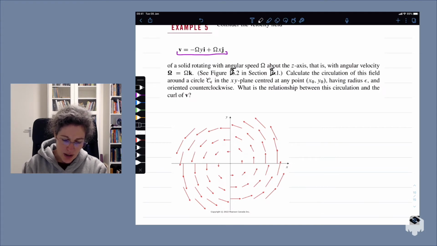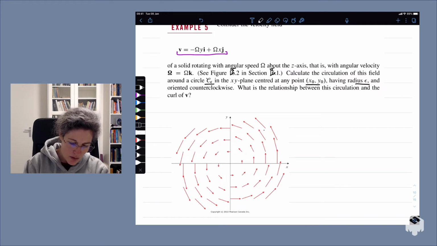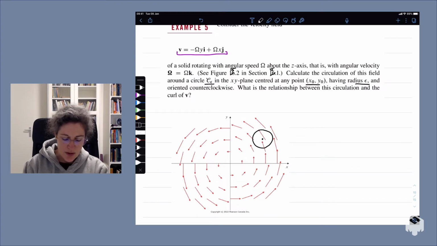So we want the circulation of this field around a circle in the xy plane at the point x0 with radius epsilon. Okay, so we're thinking about calculating this circulation around some circle centered at x0, y0. It has a radius of epsilon, and it's oriented counterclockwise.